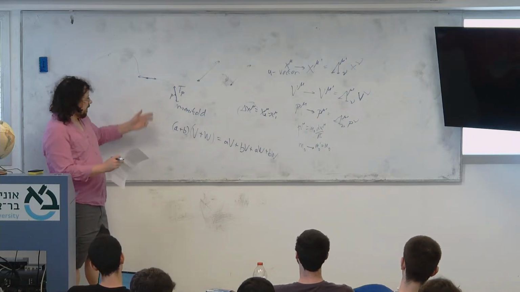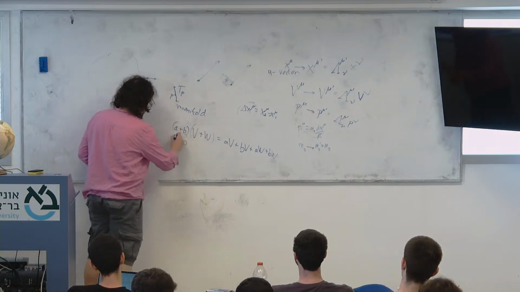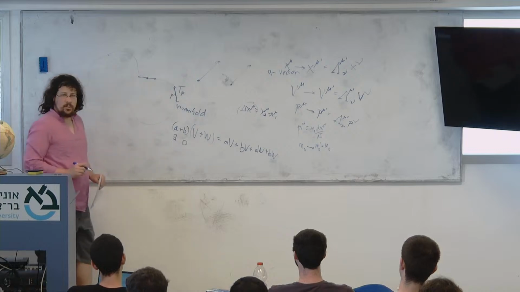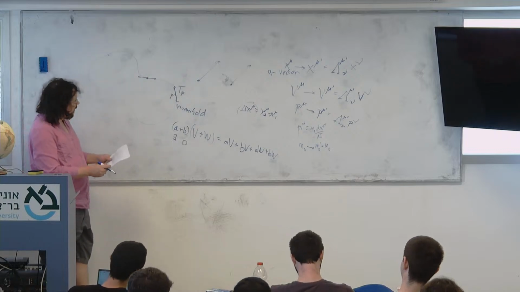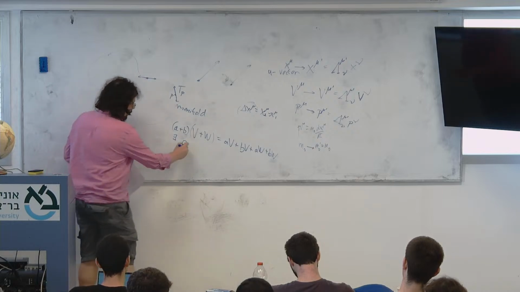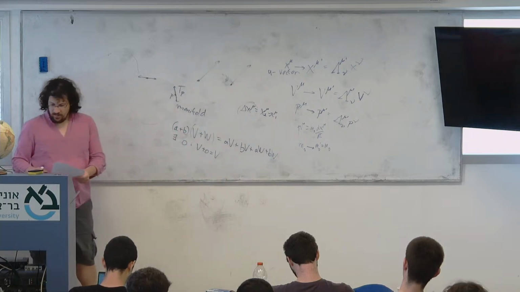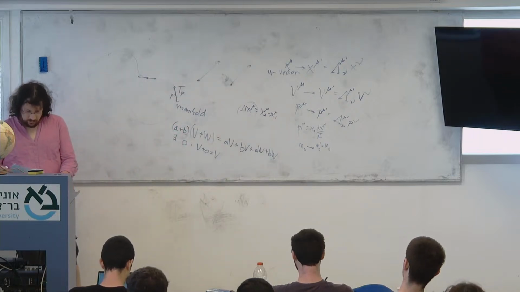Okay. Every vector space has an origin. That is, there exists a 0 in every tangent plane or in every vector space, such that V plus 0 equals V. This again comes as no surprise.